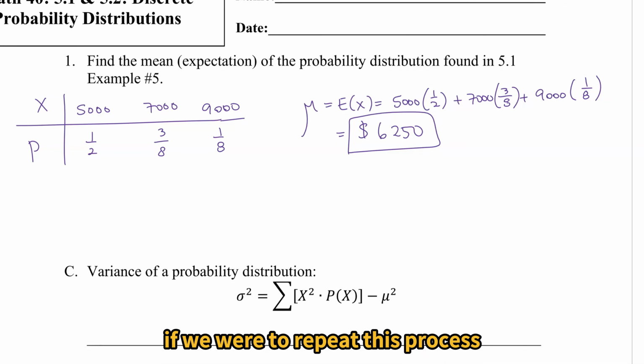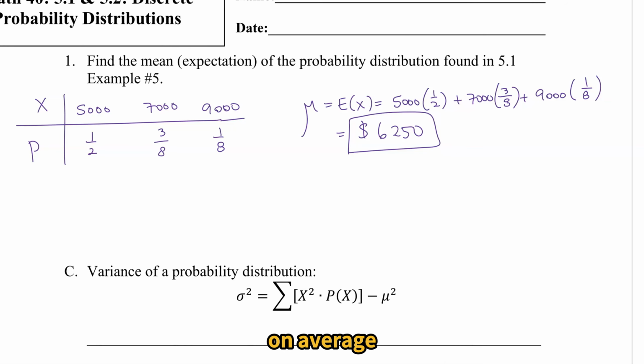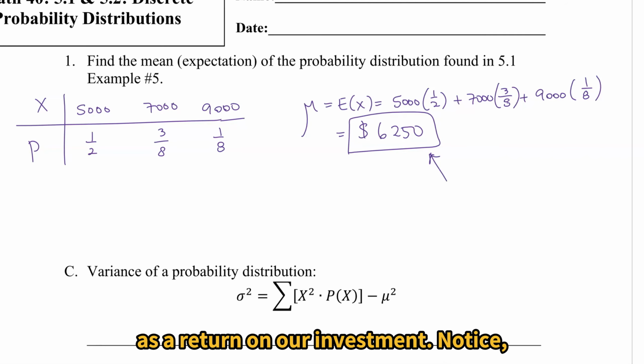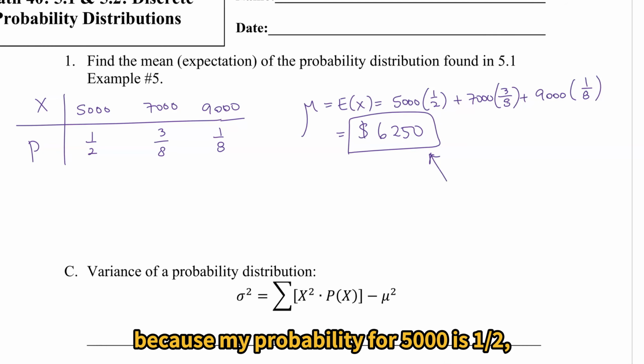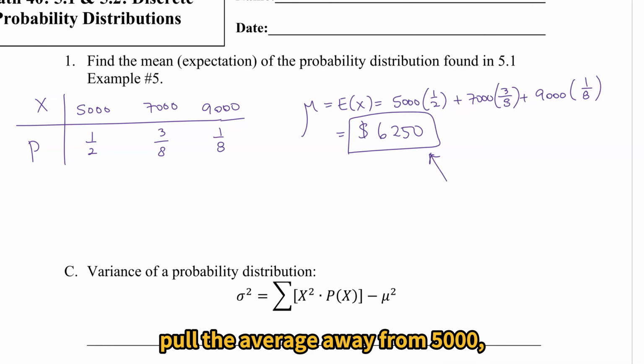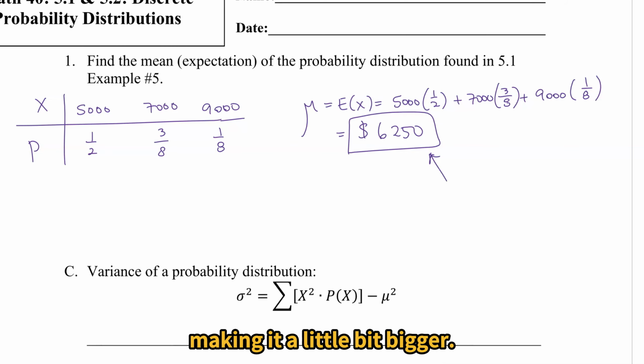Essentially what this means is if we were to repeat this process over and over and over again, on average, we would expect to make $6,250 as a return on our investment. Notice it's really close to 5,000 because my probability for 5,000 is 1/2, much higher than the others. But the other probabilities pull the average away from 5,000, making it a little bit bigger.